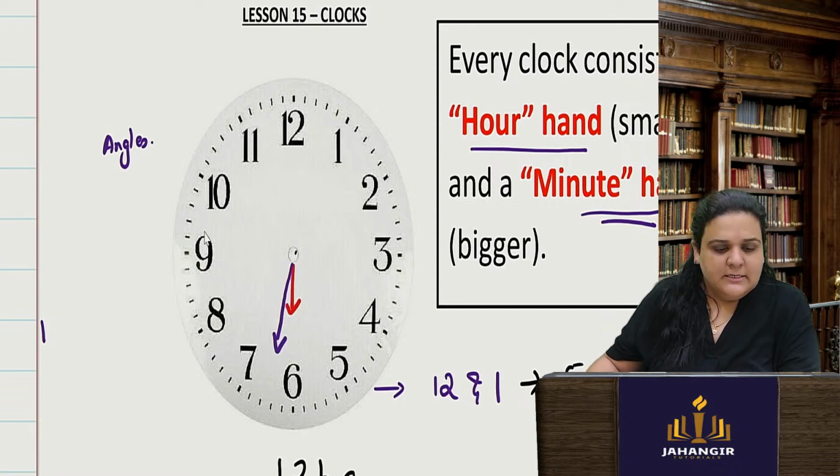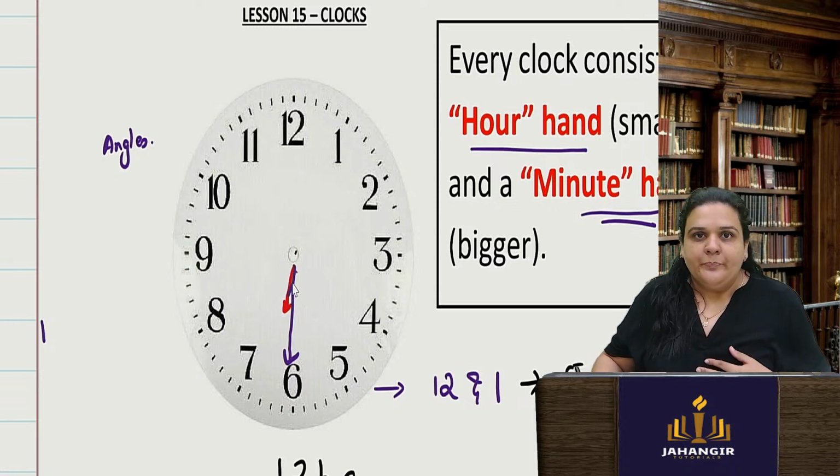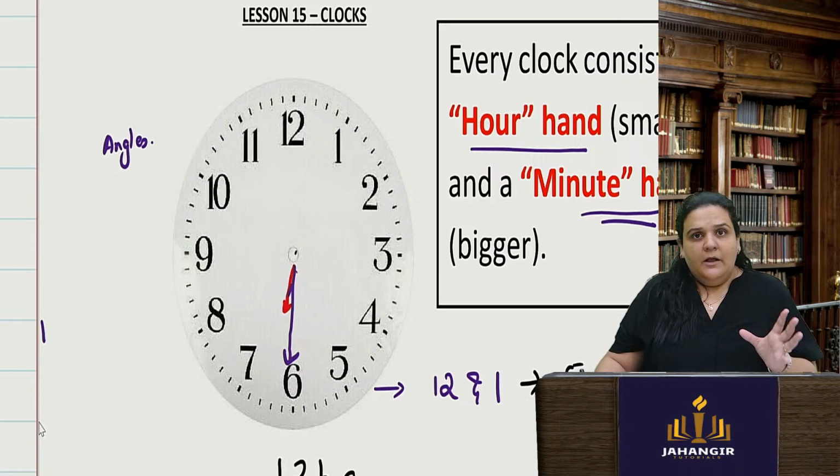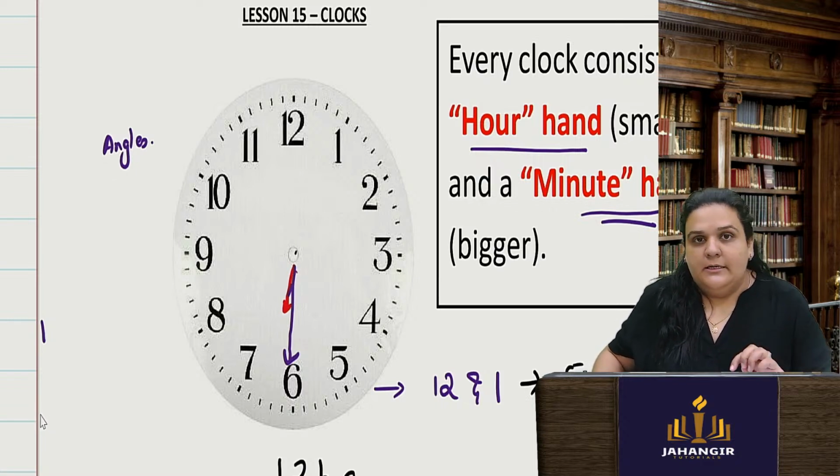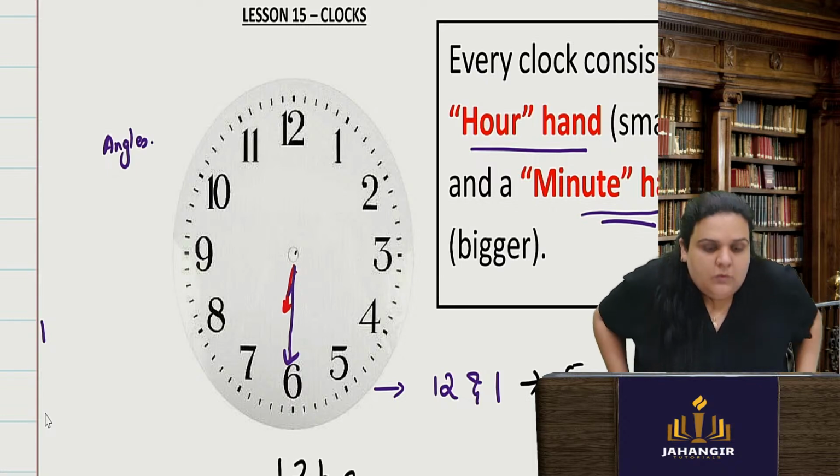Around 6:30, something like this only, no? The hour hand will be a little far from 6 and the minute hand is going to be exactly on 6. So they are asking me this particular angle, right? Hour hand is at 6 and 30.